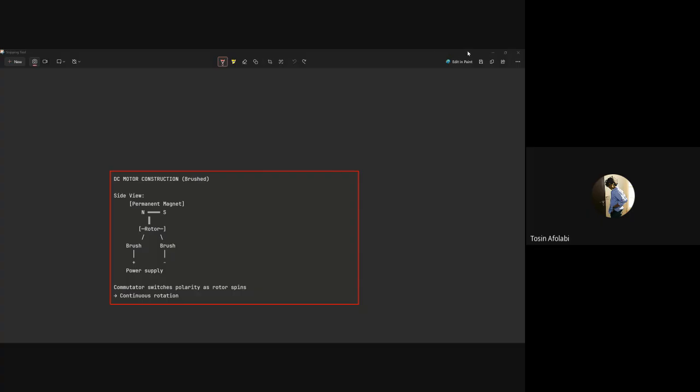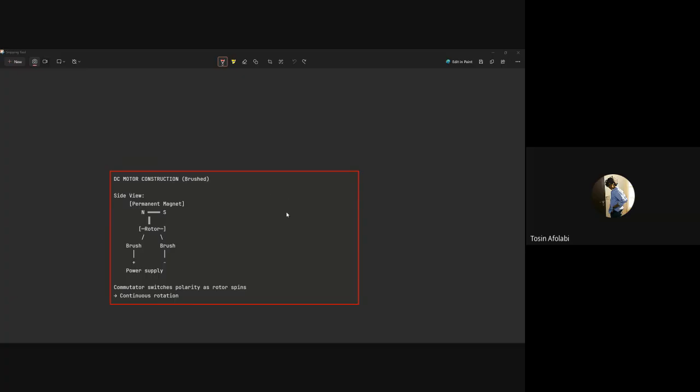Let's see. Image. So, cutting on that side by side.